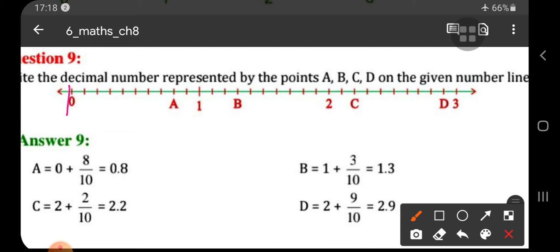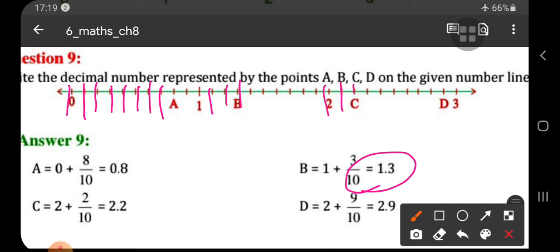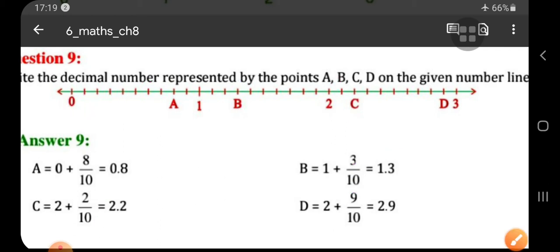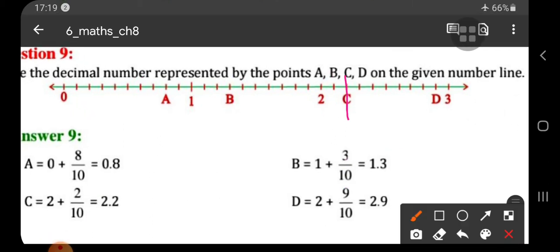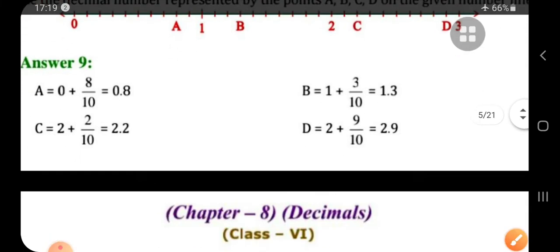Let's see. 0, 0.1, 0.2, 0.3, 0.4, 0.5, 0.6, 0.7 and 0.8. Okay. Then B, it's 1, then 1.1, 1.2 and 1.3. Okay. C, 2, 2.1, 2.2. Here it's 2.2. D, between 2 and 3 there is a D. So this is 2.9.